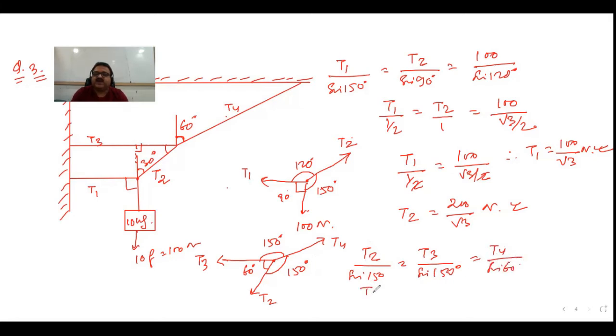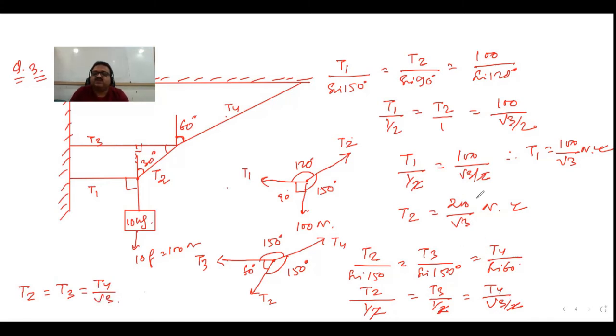Now T2 by sine 150 means cos 60, that is half, T3 by half, and T4 by sine 60. Sine 60 is equal to root 3 by 2. Clear? Now if I do the calculation, this 2 gets cancelled.